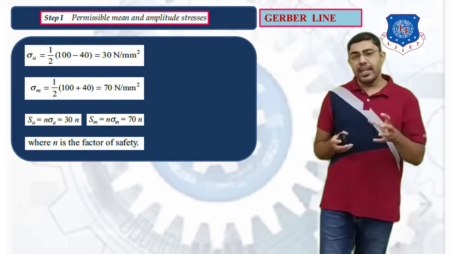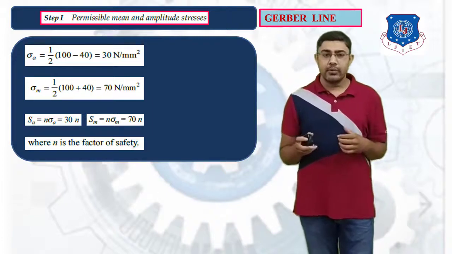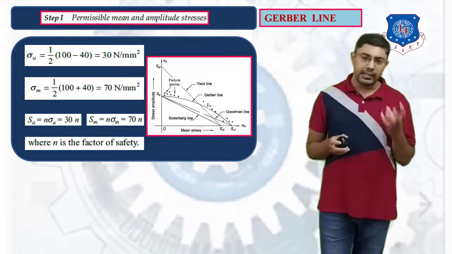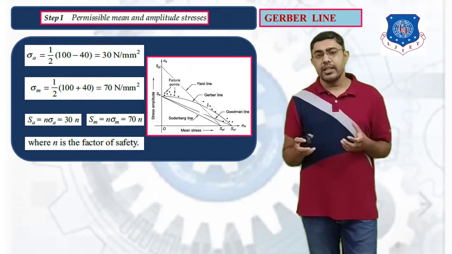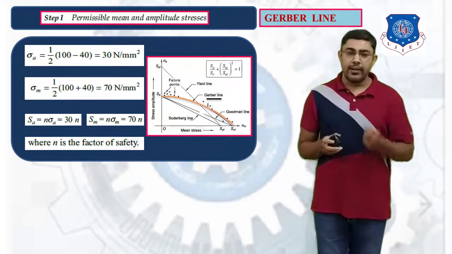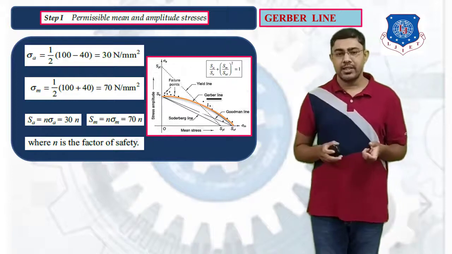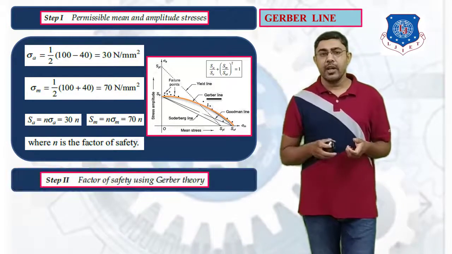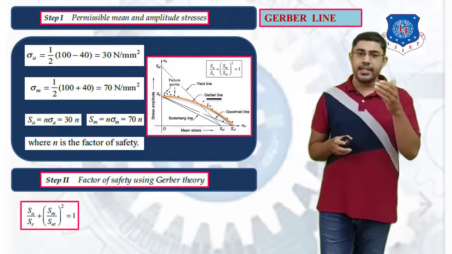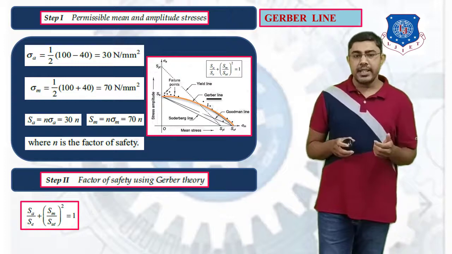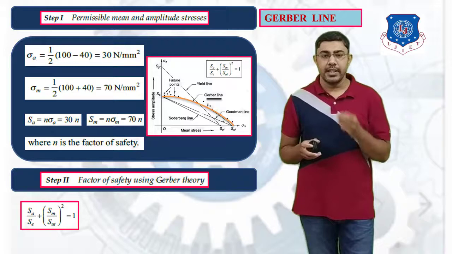Now we have to find the factor of safety according to the Gerber line. Consider the graph of mean stress versus stress amplitude. The Gerber line is the parabolic line connected between AC and SUT, and the equation of the Gerber line is SA upon AC plus SM upon SUT whole squared is equal to 1.